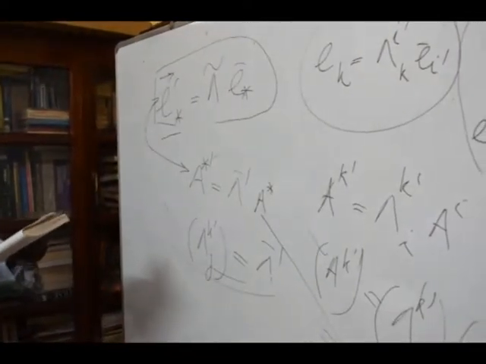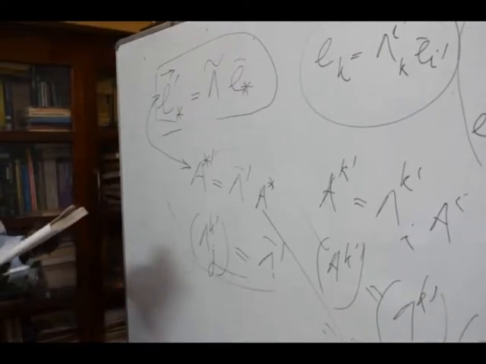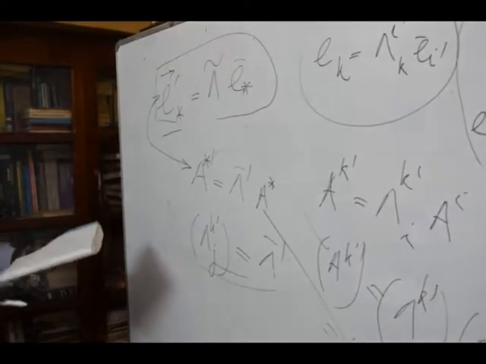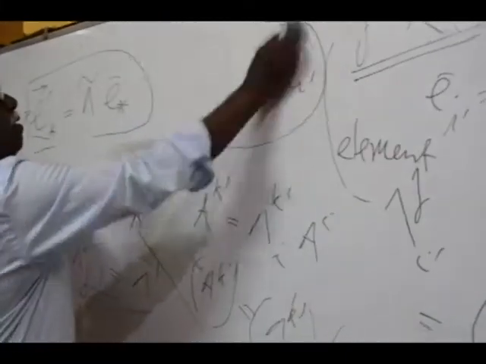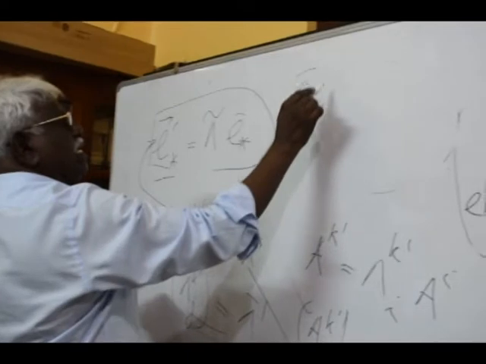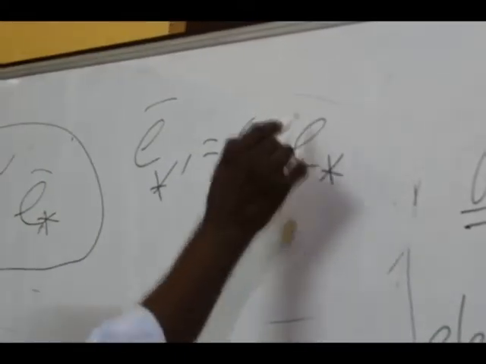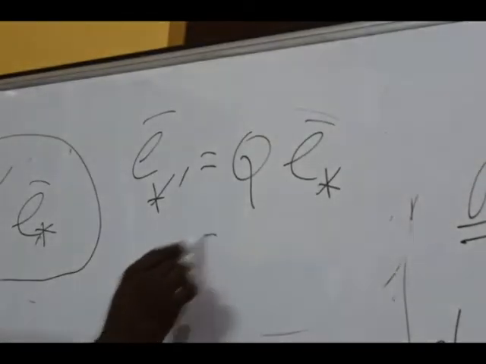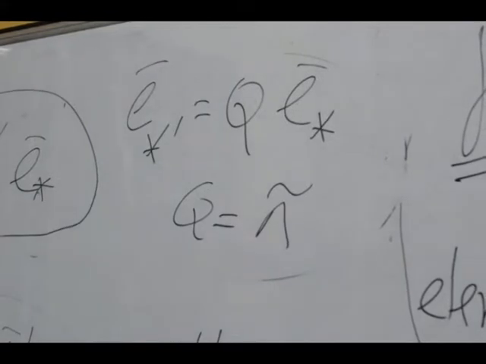Then, for the sake of simplicity, let me put matrix Q, let me put E star dash, equal to matrix Q times E star, where Q is equal to lambda transpose.